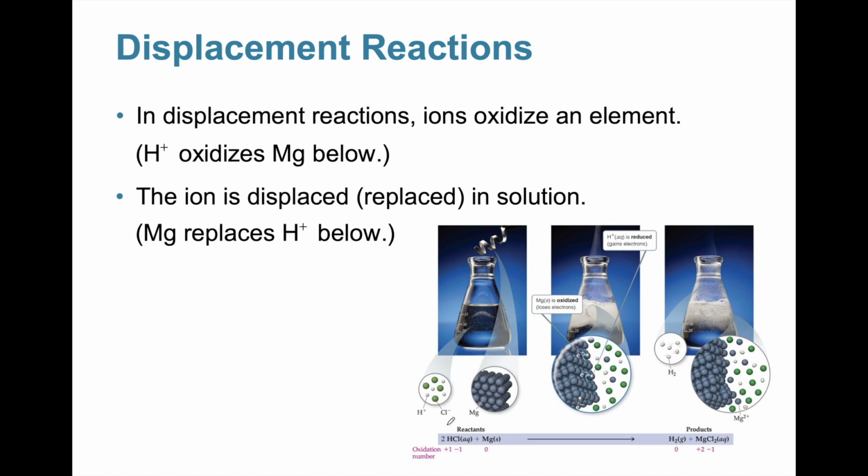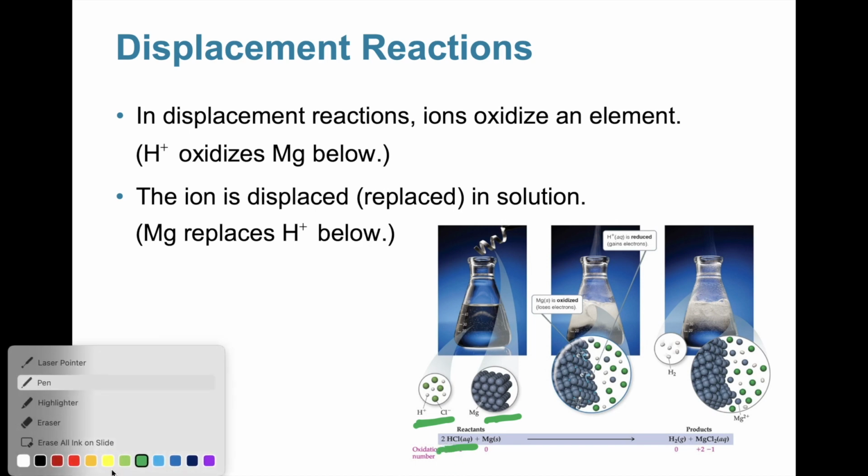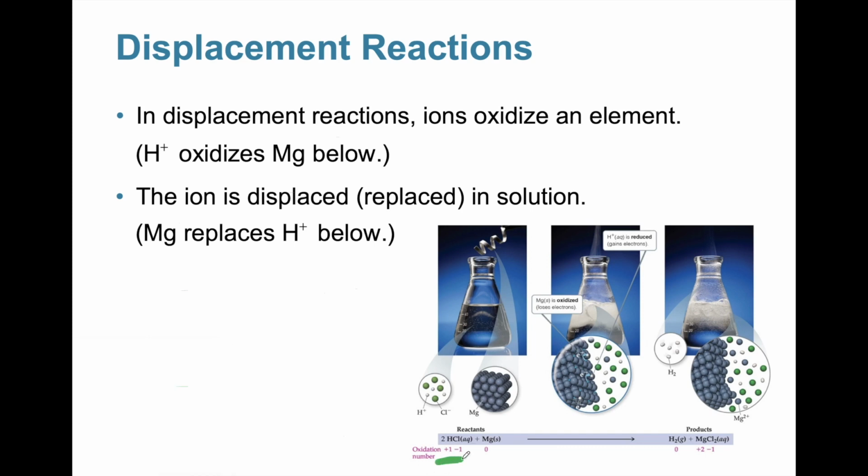So here we have an example. We have hydrochloric acid, and we have magnesium. Oh, I should not do that because I want you to see the oxidation numbers. Let me erase that real quick. There we go. So hydrochloric acid right here: hydrogen and chlorine are done. They're completely done in this relationship. They don't want to be together anymore.